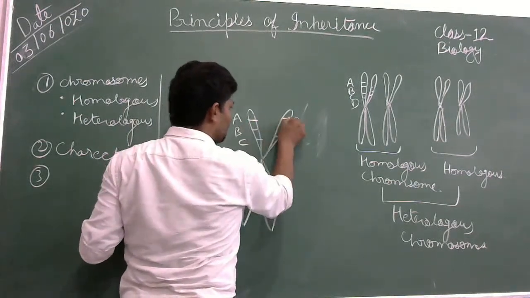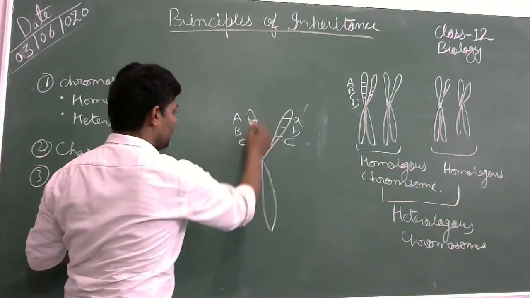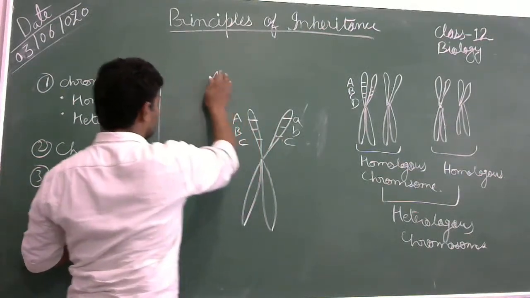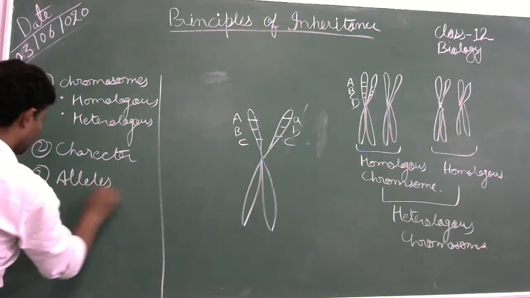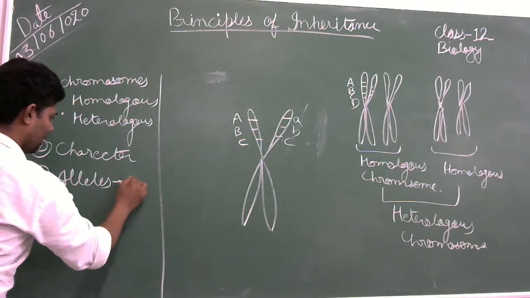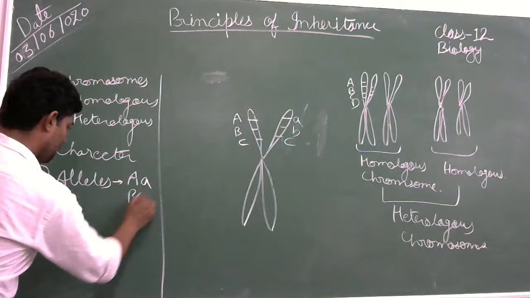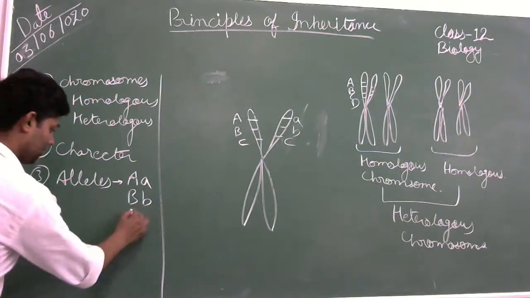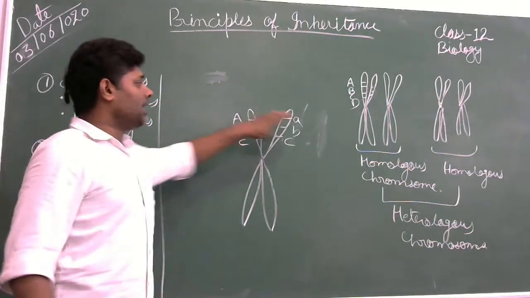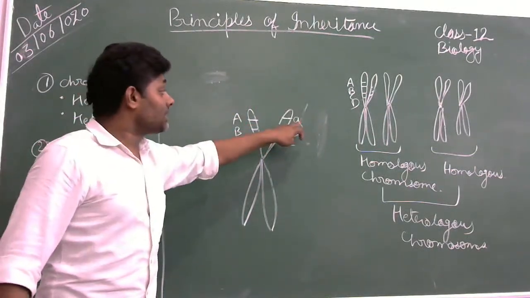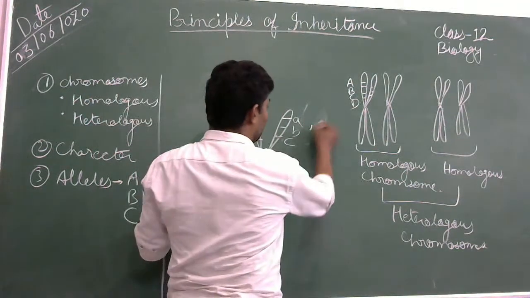The genes present in the same location of sister chromatids are termed as alleles. Alleles like this is a single allele, this is the next allele. Okay, so these are the alleles, meaning capital A, small a. If certain changes occur in this A also, it makes the next allele.